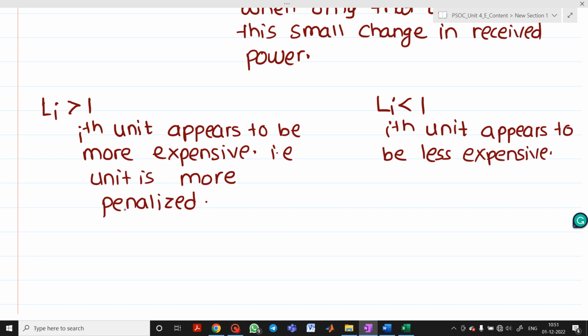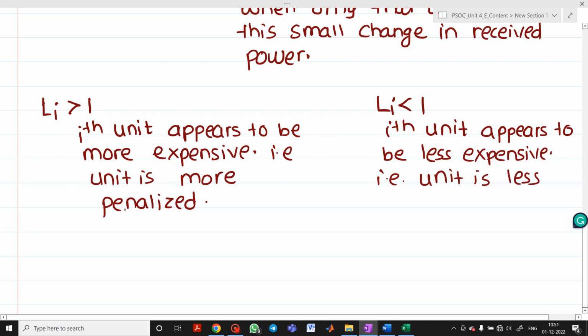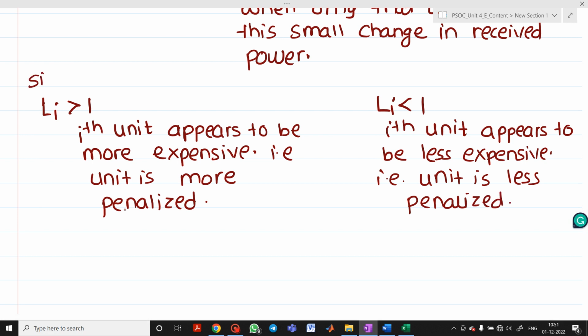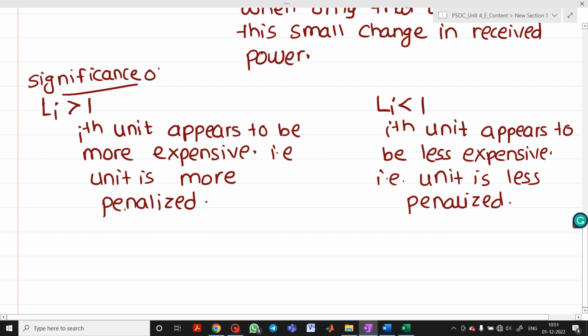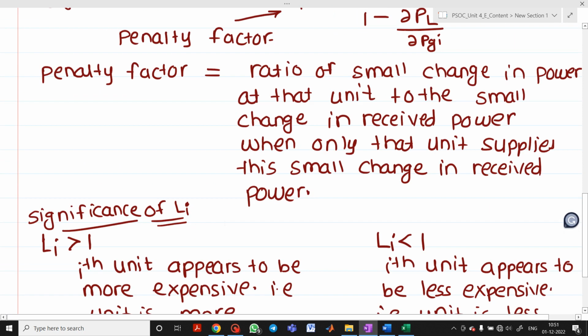That is, the unit is less penalized. This is the significance of Li. So this is the topic of penalty factor.